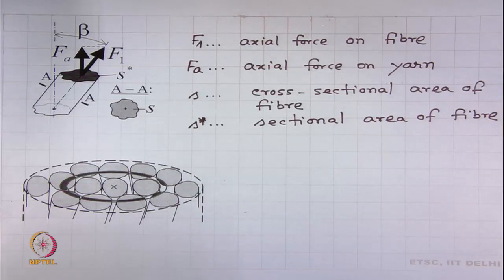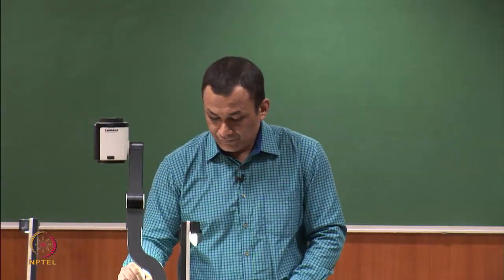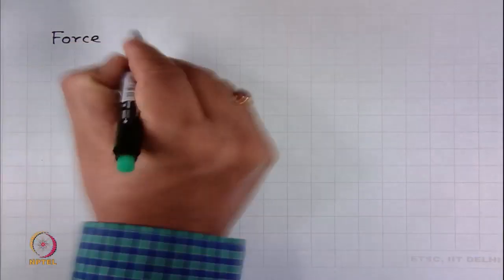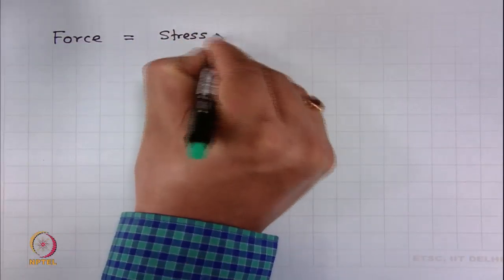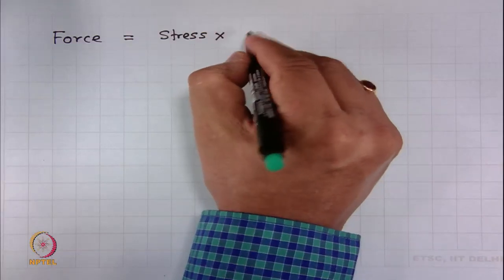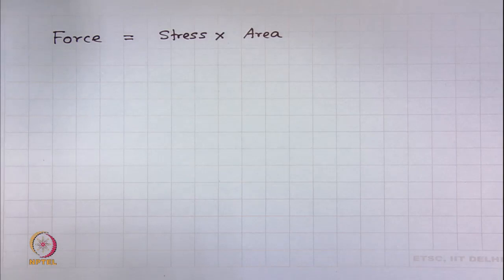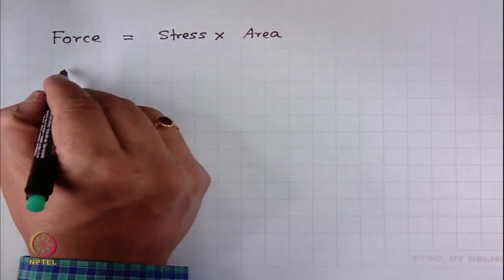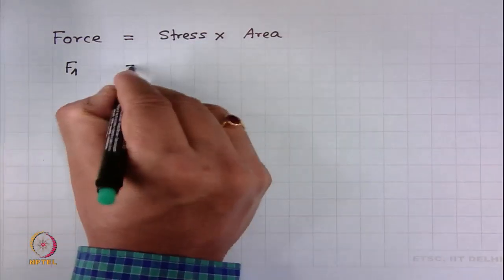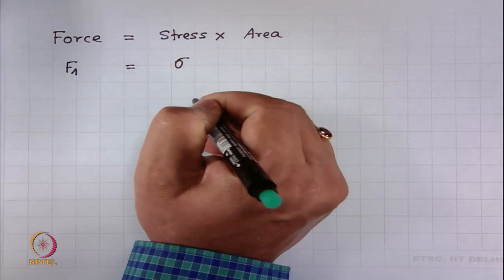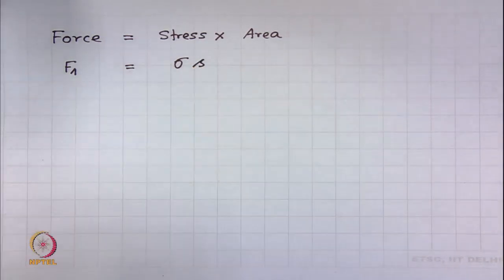Right. We know that force is stress times area. So, F1 is the force. Let us assume stress is sigma and what is the area? Small s.